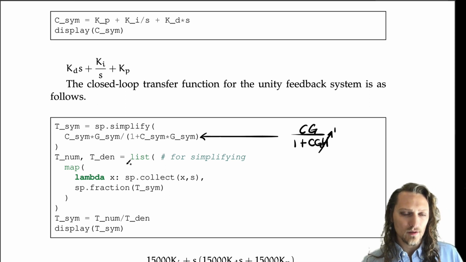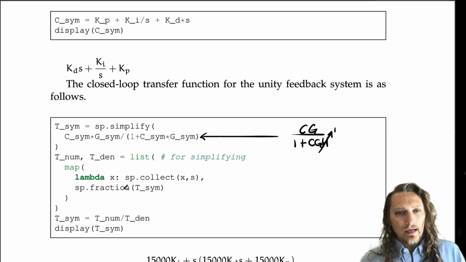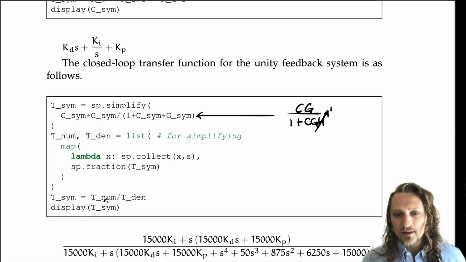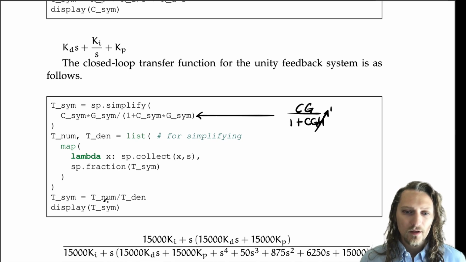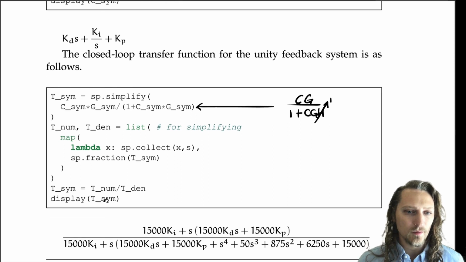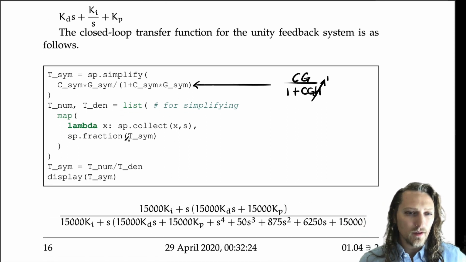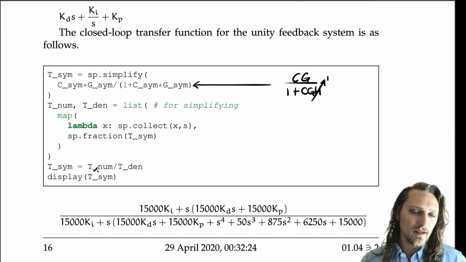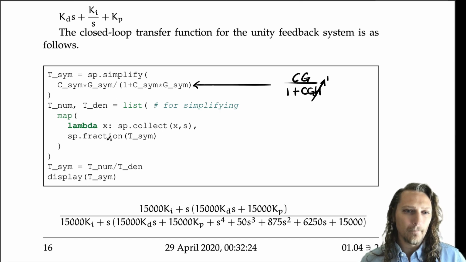We simplify it using the symbolic simplifier. And then this is another simplification bit here. This isn't strictly necessary, but I wanted to print out the closed loop transfer function symbolically in a way that was a little bit prettier. So what I did is I split the numerator and denominator using the fraction function, and then I ran a map, which runs a function on each element of a list.